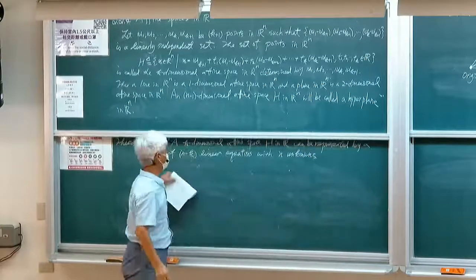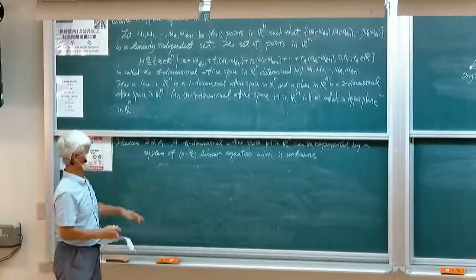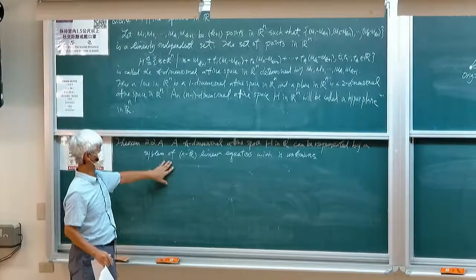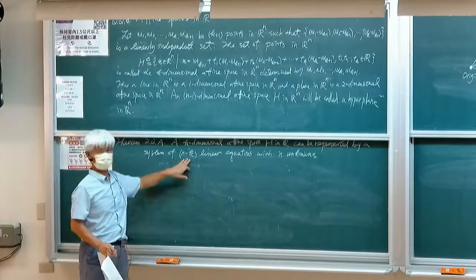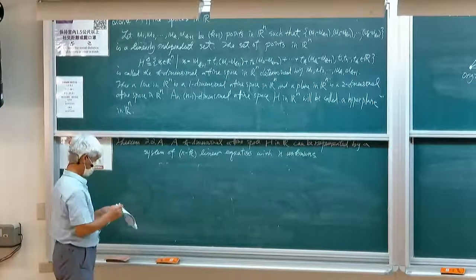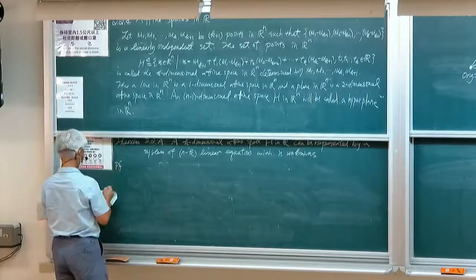Okay, so a k-dimensional affine space can be represented by a system of n minus k linear equations with n unknowns. All right, so we give a proof.